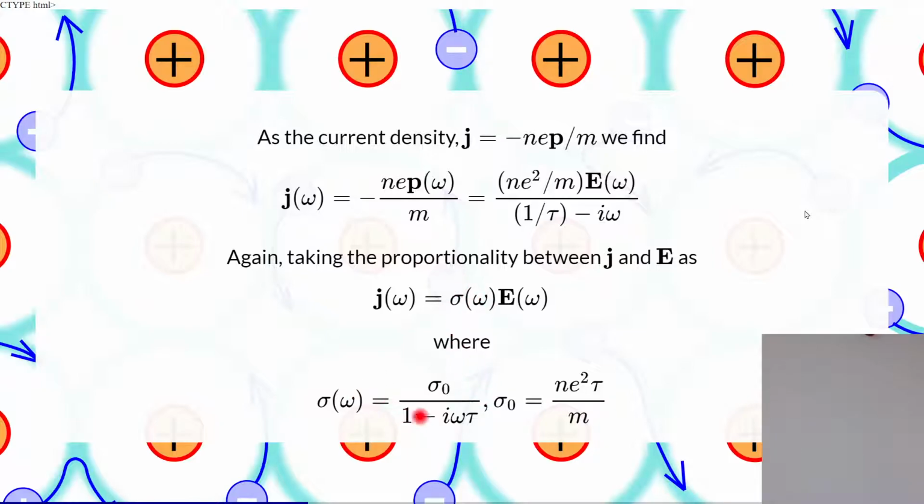We've got an expression for the proportionality constant, the conductivity, and again it depends on these familiar Drude numbers, the electron density and scattering time.